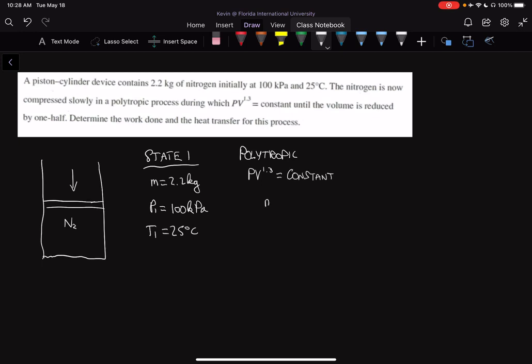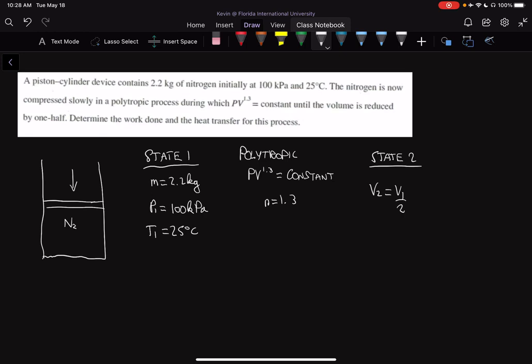And so that means that n is equal to 1.3 according to our polytropic process law, until the volume is reduced by 1/2. So we have some extra information. We're told that the volume at state 2 is 1/2 of volume 1.